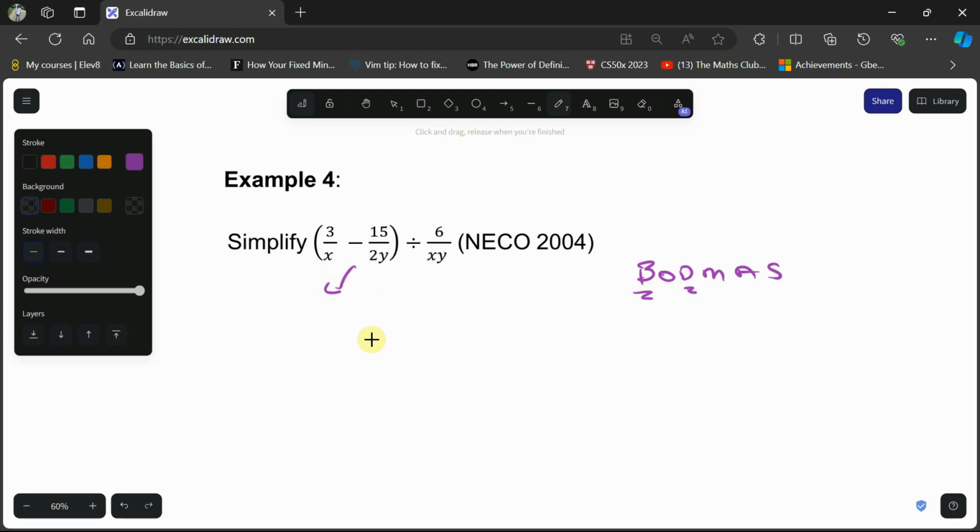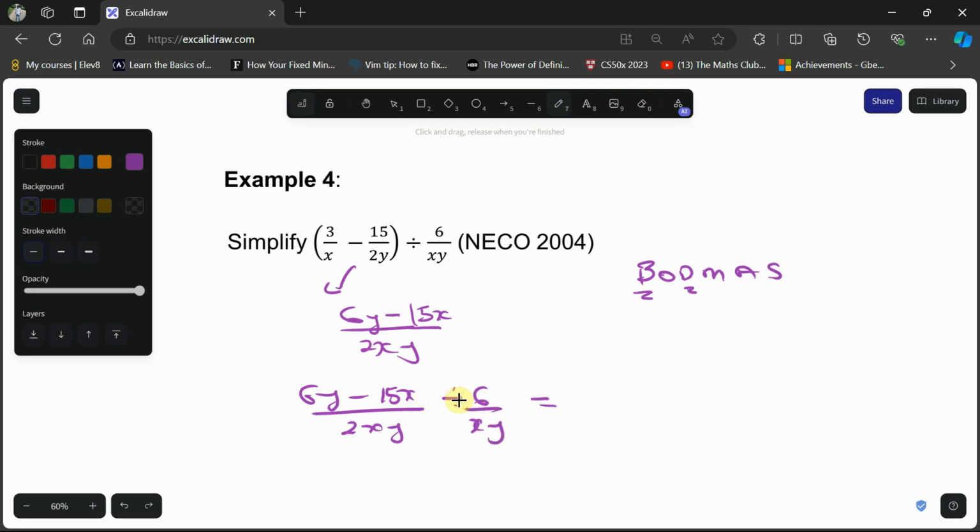The common denominator of these two will be 2xy, right? 2xy divided by x will give me 2y, times 3 will give me 6y, minus 2xy divided by 2y will give me x, times 15 will give me minus 15x. So we have this. I can now say 6y minus 15x all over 2xy divided by 6 all over xy, right?